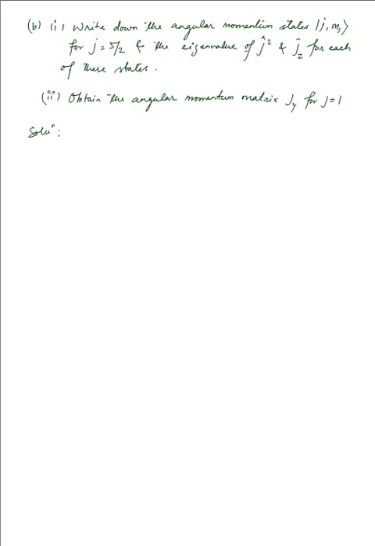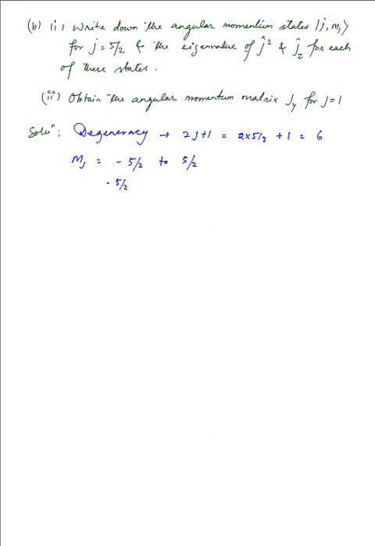First up we have to consider the degeneracy, that is simply 2j plus 1, which means 2 times 5 over 2 plus 1, so that is 6. So we're going to have 6 states, and because it is j of 5 over 2, mj is going to be from negative 5 over 2 to positive 5 over 2.